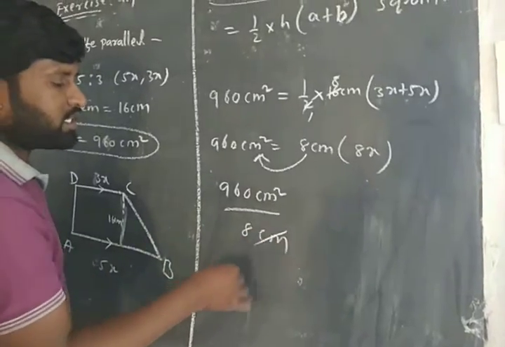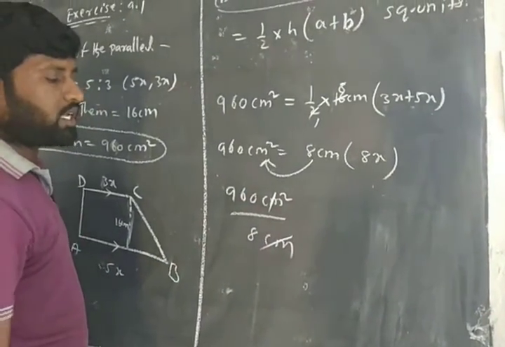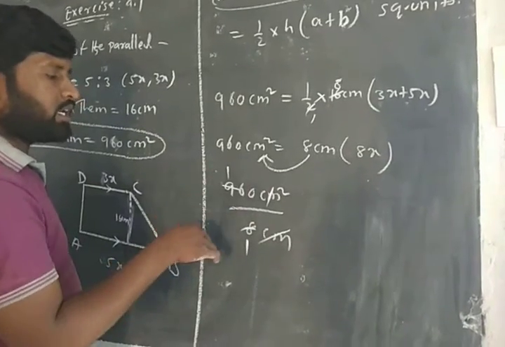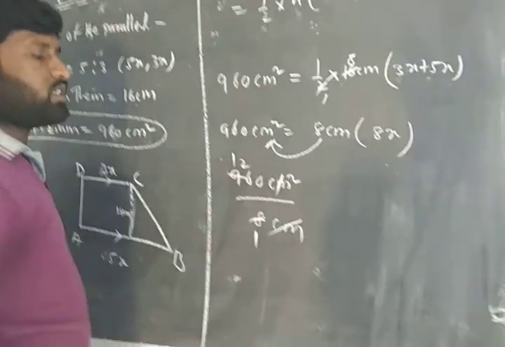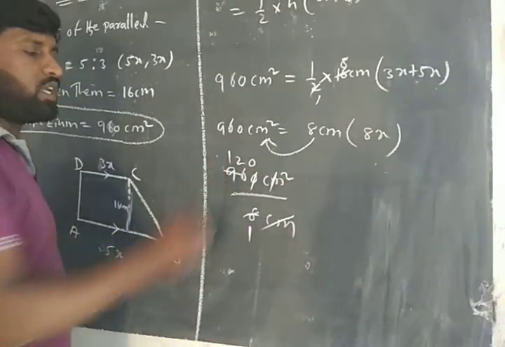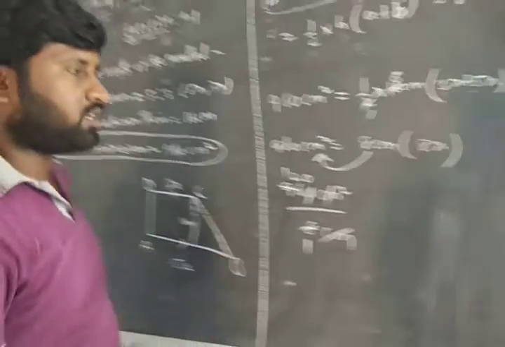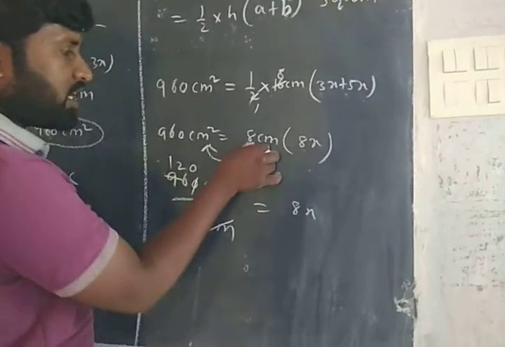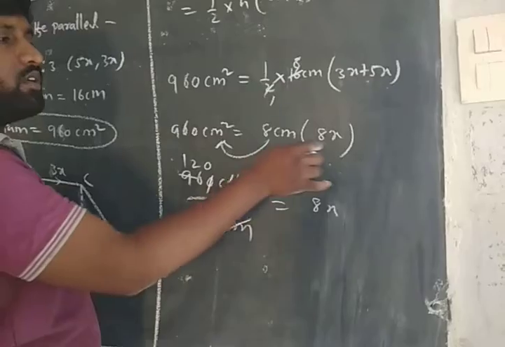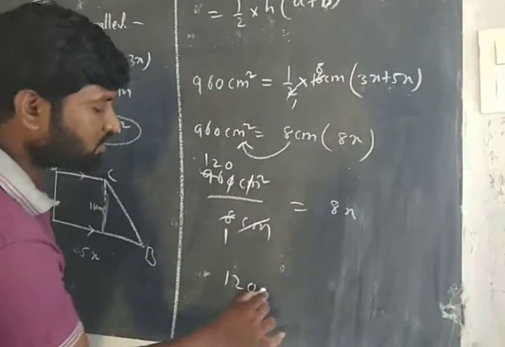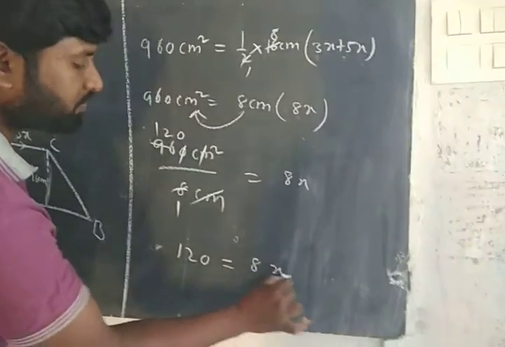Centimeter and square centimeter cancel. 8 ones are 8, 8 twos are 16, 8 zeros are 0, so 8 into 120 gives 960. That is equal to 8x. I transposed only 8, not 8x. So we get 120 is equal to 8x.